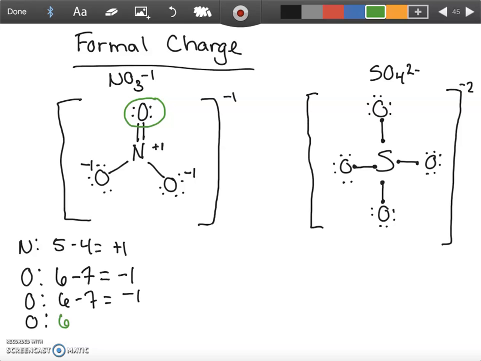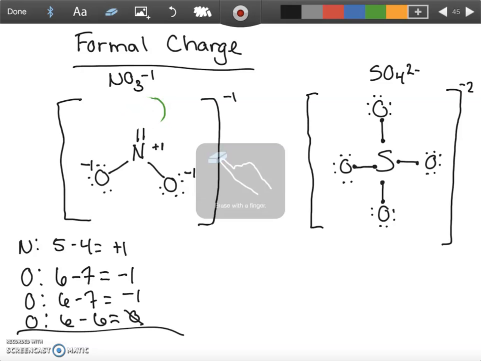Normally it has 6. Subtract it from how many are right there. We have 1, 2, 3, 4, 5, 6. So this one has no formal charge, and therefore we don't need to put anything on it.